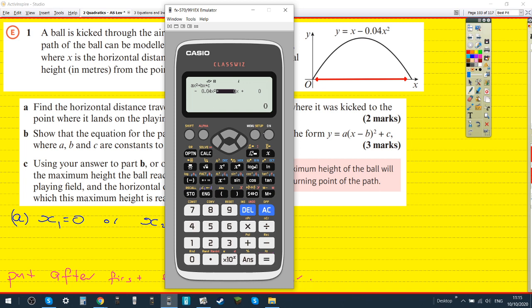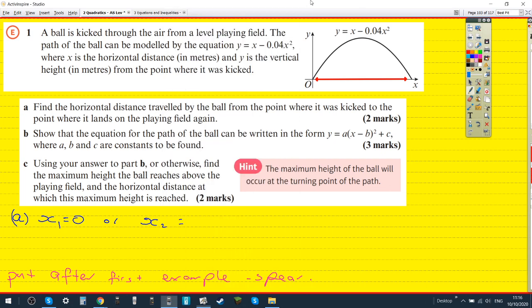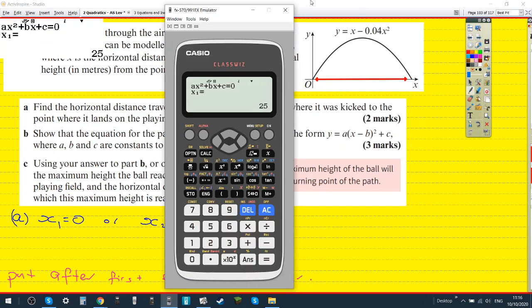So minus 0.04 comes first, because that's the x squared one. Yeah. Then 1, then 0. Oh, you keep it as 1. I didn't know that. Yes, it's not 0, it's 1. Okay. Minus 1, 0. Yeah, so x1 is 25 and x2 is 0.